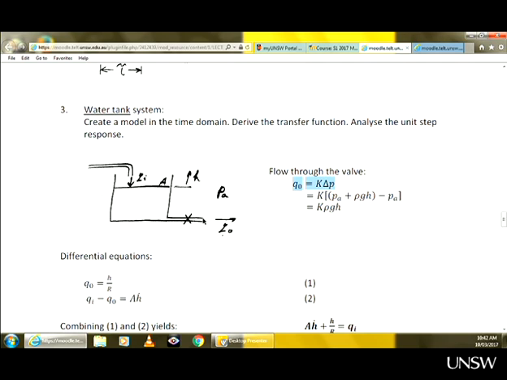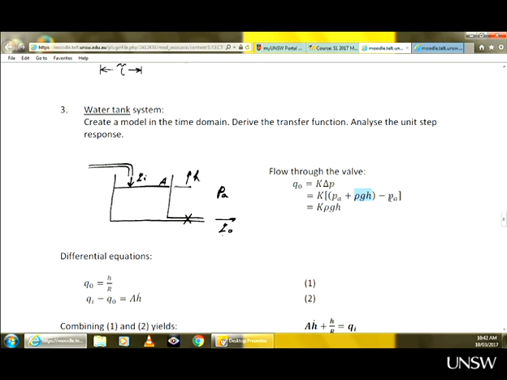Pressure before the valve will be equal to the hydrostatic pressure due to the height of water plus atmospheric pressure acting on the surface of water. So this is the pressure before the valve, Pa, atmospheric pressure, plus hydrostatic, which is rho gh, minus the pressure outside, on the downstream side of the valve, which is atmospheric pressure, Pa.